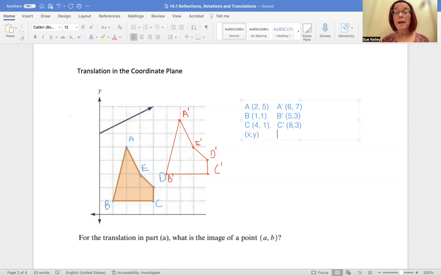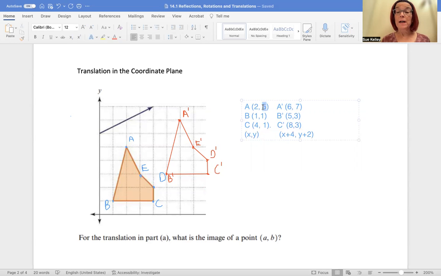The pattern for the translation, remember we moved 4 spaces on the X and 2 on the Y. So it would really be X plus 4 and Y plus 2. Let's see if that fits our pattern. So here we have 2, X plus 4, 2 plus 4 would be 6. Yep, it fits our pattern.